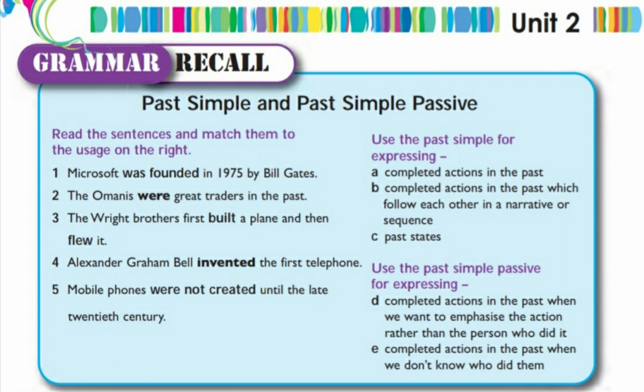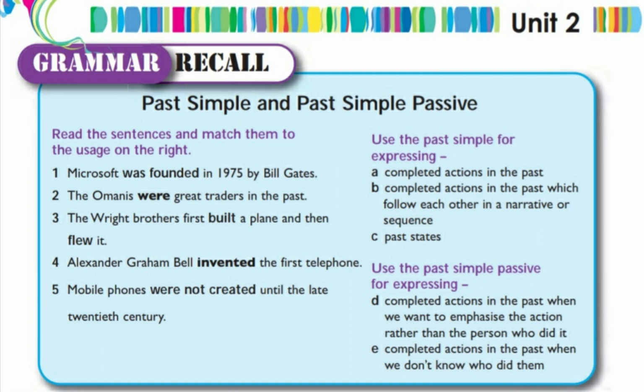And which one is expressing a past state? As we explained earlier, the verb to be is used to express a state. So the second sentence, the Omanis were great traders in the past. This is C, past states.